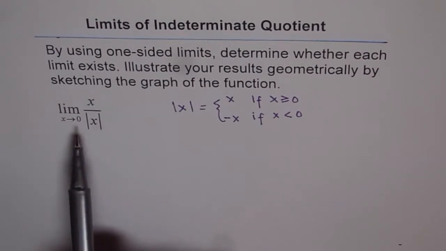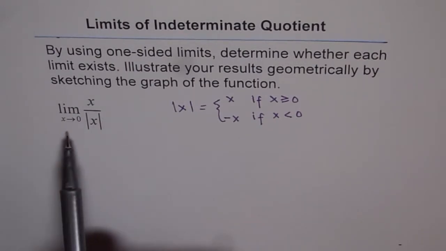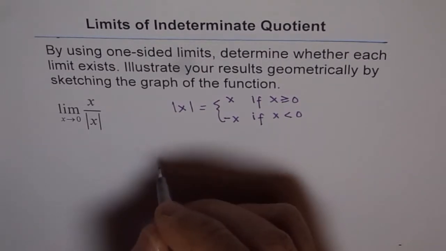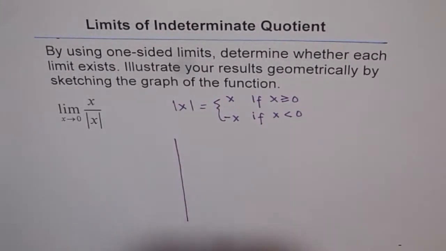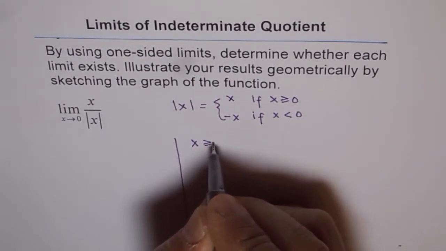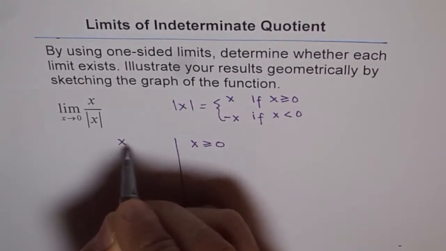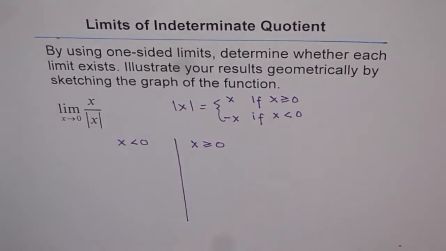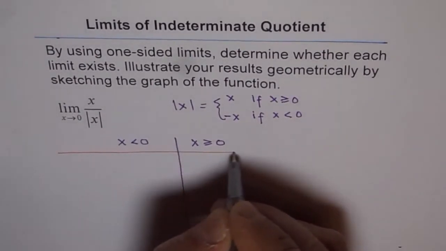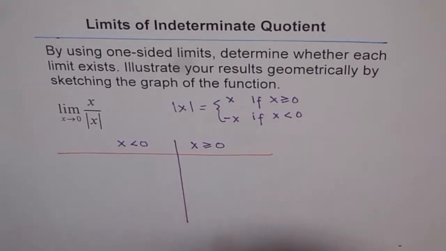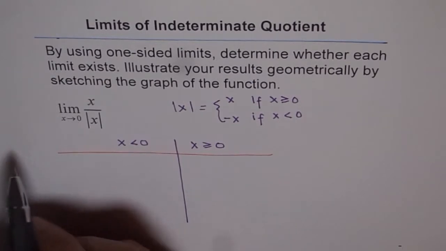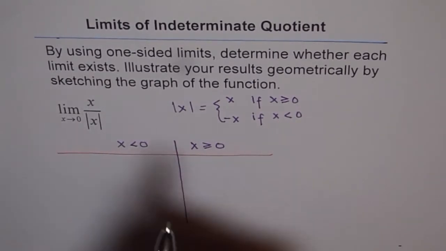So we can approach 0 from the left side or from the right side, correct? So let me make two columns here. One where x is greater than or equal to 0, and the other where x is less than 0, correct? So the idea of making these two columns is that we are finding the limit of this function as x approaches 0 from the left side and from the right side, correct?